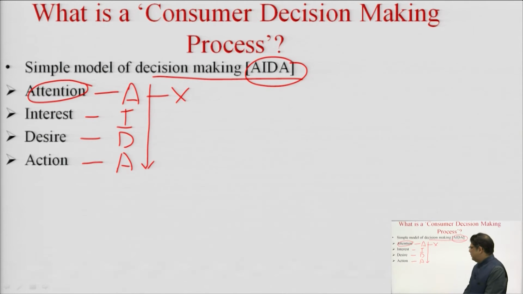From interest we go to desire. This interest level should be followed by the desire level. If the marketer wants that particular consumer to buy the product, then it is important to convert the interest into desire. Desire is the stage in which the consumer becomes determined to buy the product, and there is a strong feeling inside the consumer that I should buy the product, and that this product or service should be owned by me.